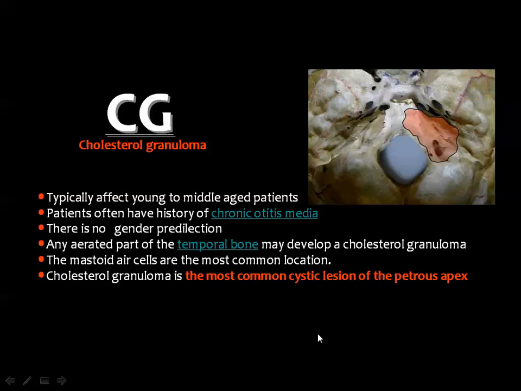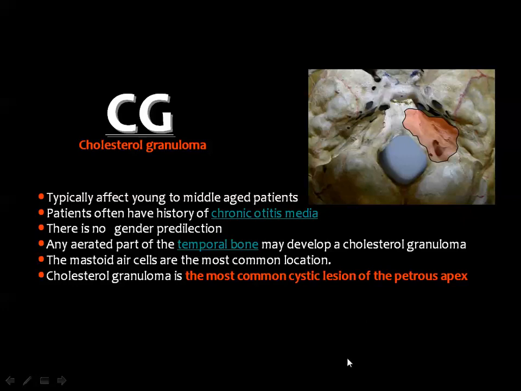Another lesion, which is more frequently seen at the apex of the petrous bone, is known as cholesterol granuloma or cholesterol cyst. It is also considered one of the sequelae of chronic otitis media, but the association with otitis media is not essential for the diagnosis of this lesion.